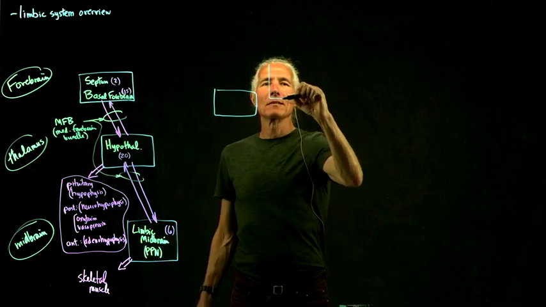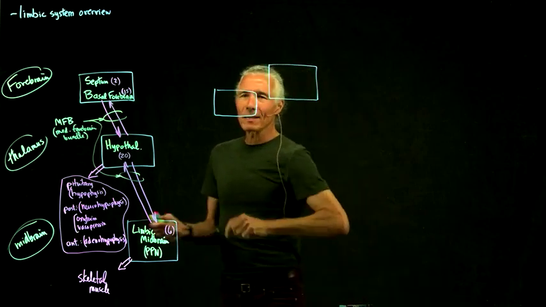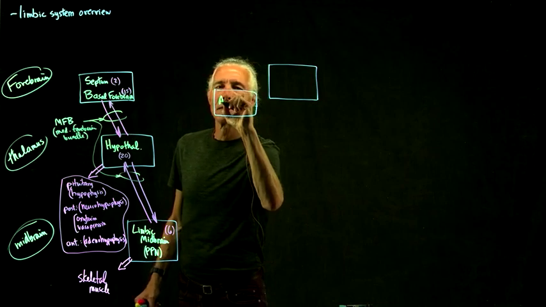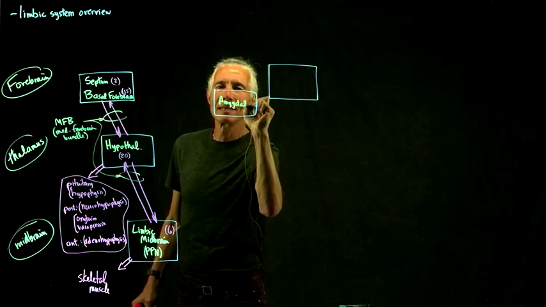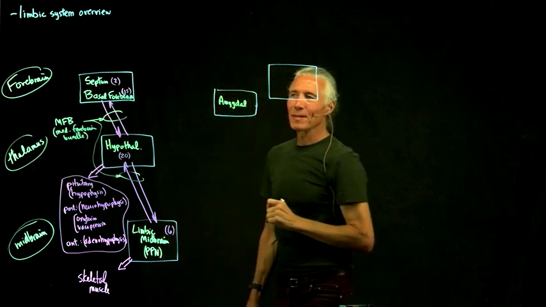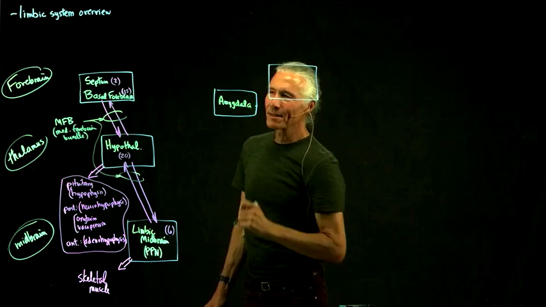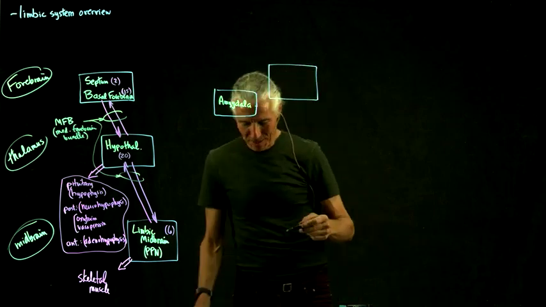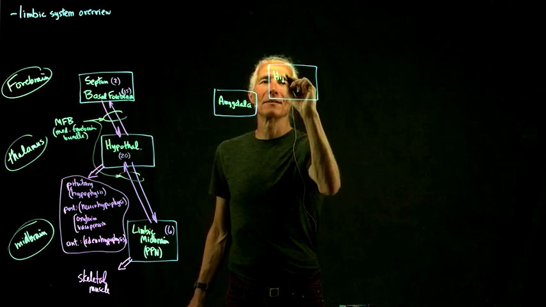So here's the hippocampus. The amygdala is supposed to be shaped like an almond. Amygdala, that's the almond-shaped nucleus. It doesn't look particularly like an almond. And then the hippocampus is the seahorse-shaped structure.